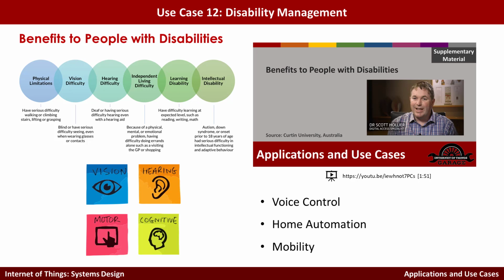For example, smart home automation systems allow automation of certain tasks where people struggle with motor difficulties or mobility. On the other hand, voice control, like Alexa or Siri, has been used to give voice commands to devices or entire smart home automation systems.